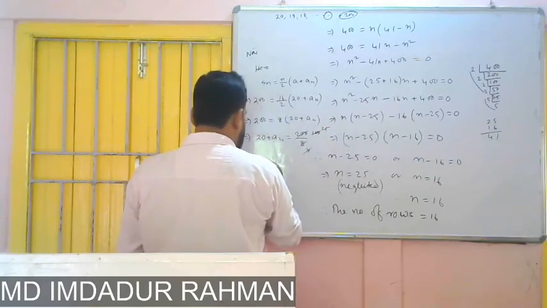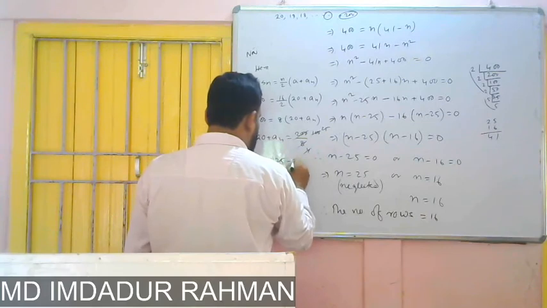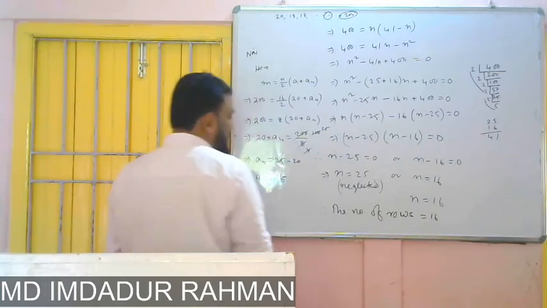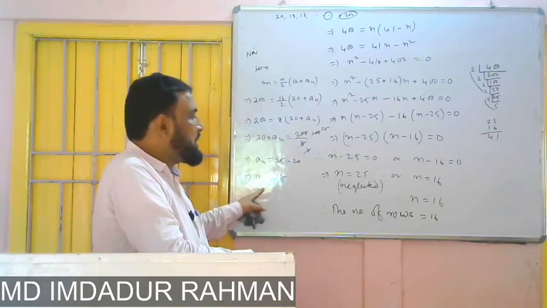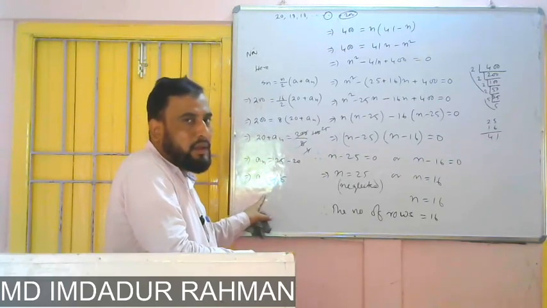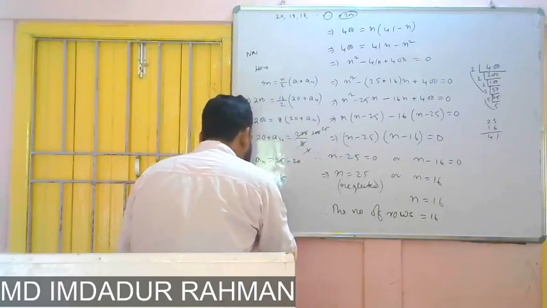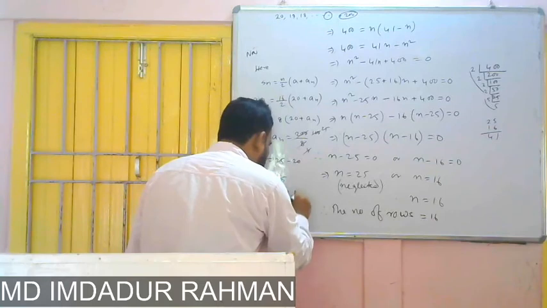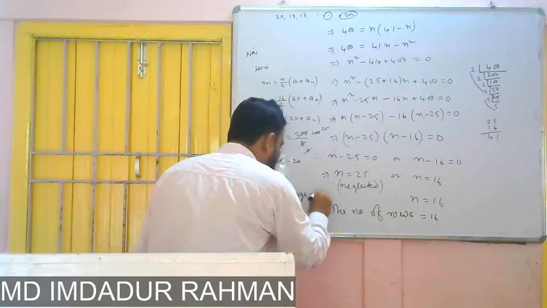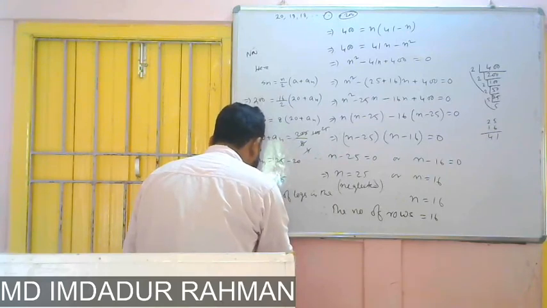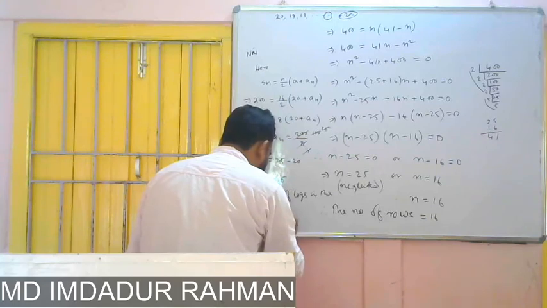So an is equal to 25 minus 20, implies an is equal to 5. That is, the number of logs in the 16th row is 5.